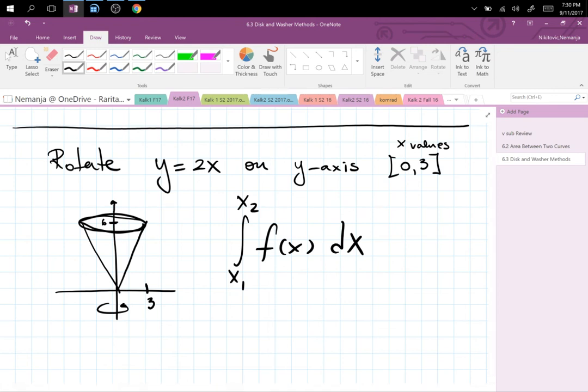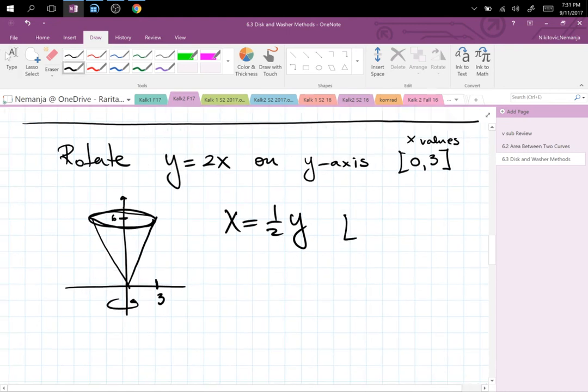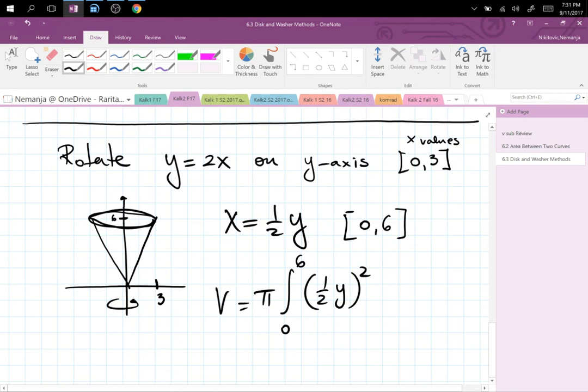And then I asked for dy integral. This means that you have to immediately switch everything to y. Your function becomes x equals 1/2 y because you need f of y. And your interval becomes 0 to 6 because you need y limits. So your volume is pi integral 0 to 6, 1/2 y, everything squared, dy.